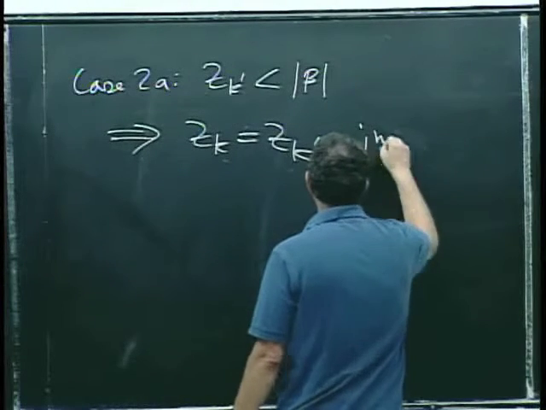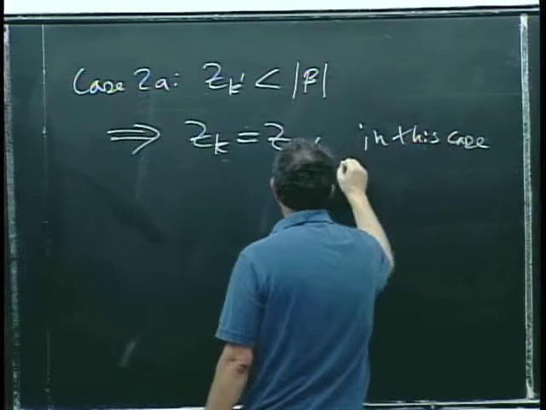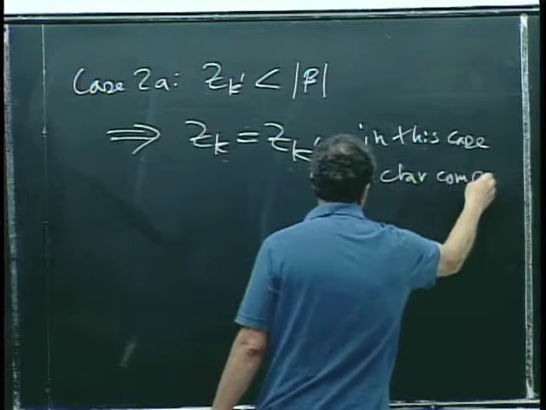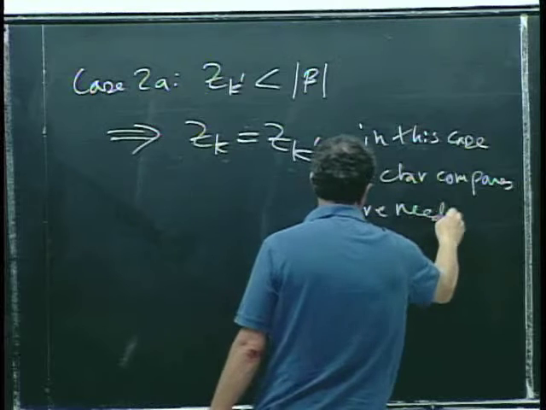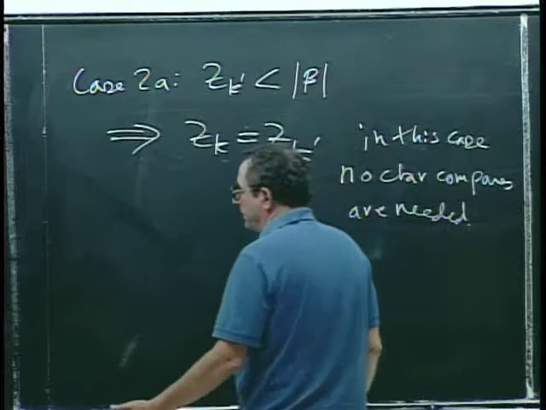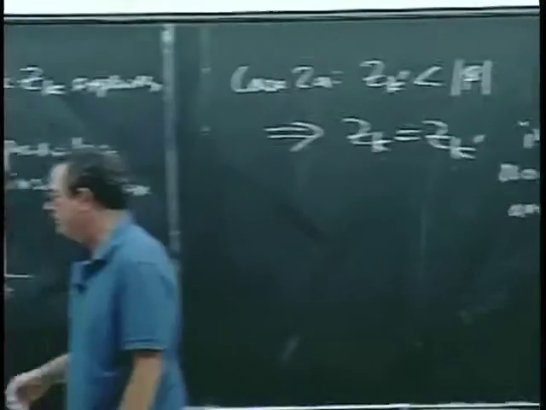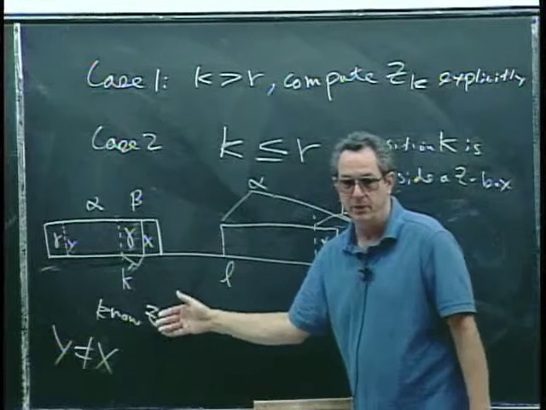So in this case, no character compares are needed. We do some constant amount of arithmetic. We have to figure out what k prime is, then we do a lookup. We have to look up what zk prime is, then compare it to the length of beta.